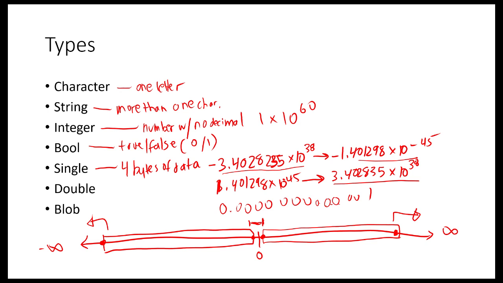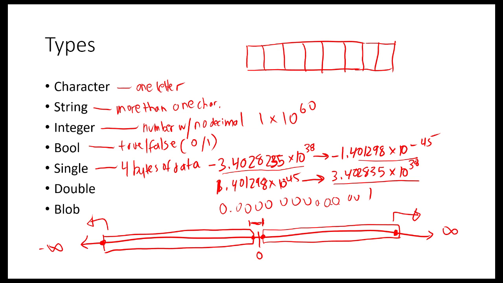So why this exact number? That's a very complicated answer, and it has to do with the way that computers add. 8 bits make a byte, and so when a computer wants to add 3, 4, 5, 6, so there's 1, 2, 4, 8, 16, 32.